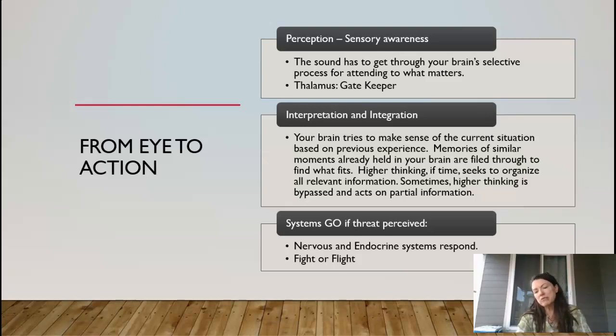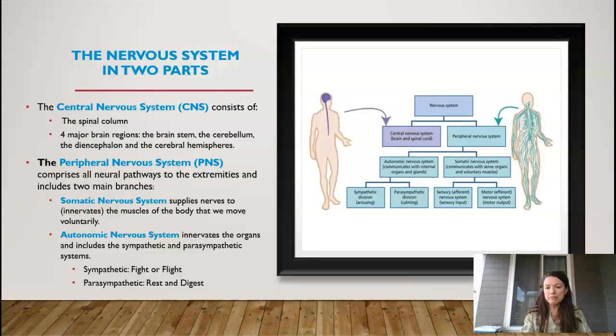So we're going to dive more deeply into the nervous and the endocrine systems and what actually happens inside of those if the brain has considered what's happening as threatening. You've perceived something that seems threatening, the alarm goes off, and so now what actually is happening?